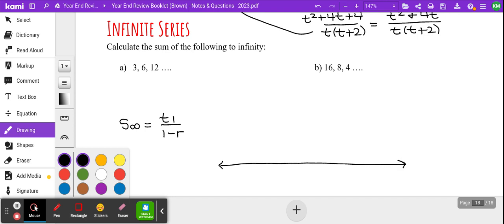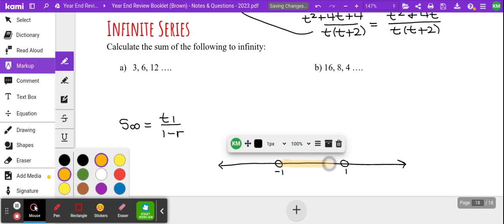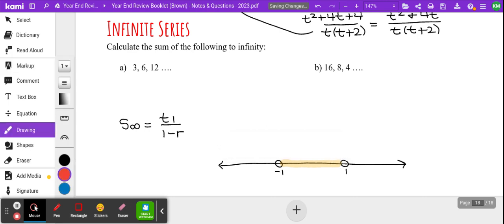What were the two cutoffs? -1 and 1. If r was in between -1 and +1, what did we call that? Convergent. That starts with what letter? If it is convergent and it starts with C, can we use the formula? Yes, C is can.